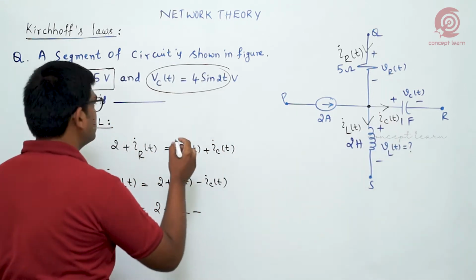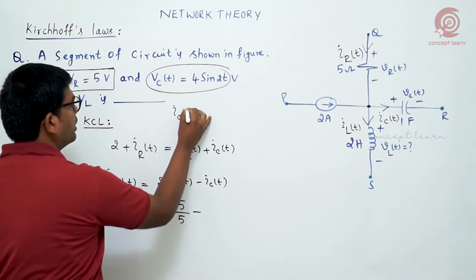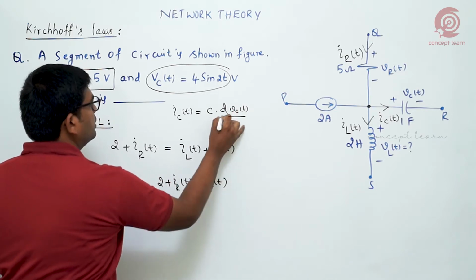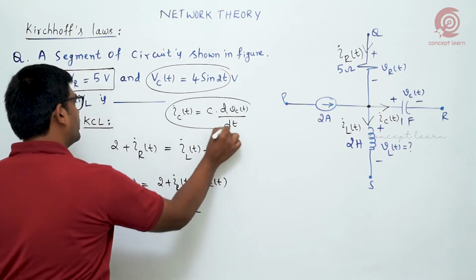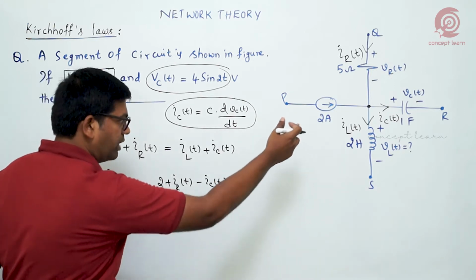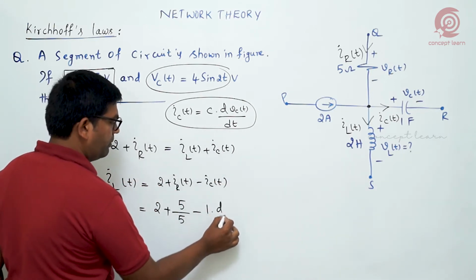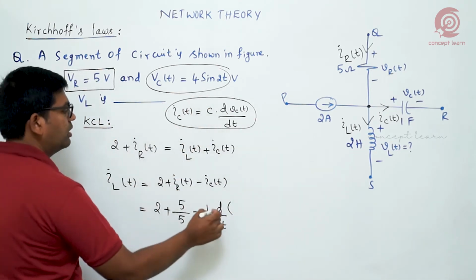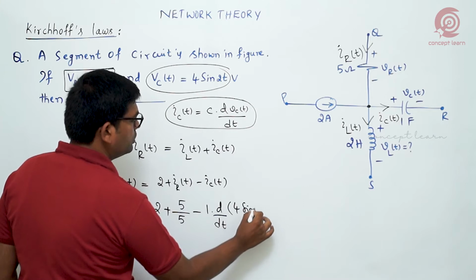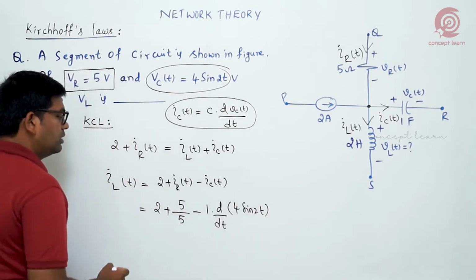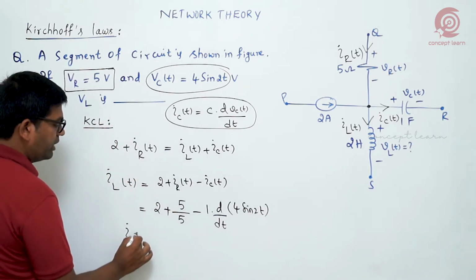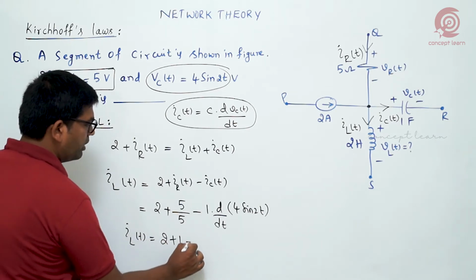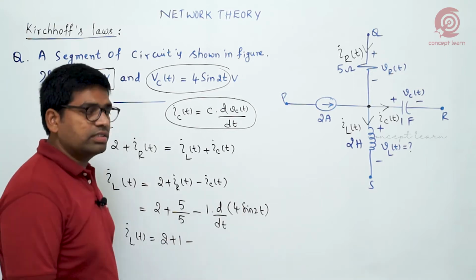We have this expression: the capacitor current IC of t is equal to C into dVc of t by dt. Use this expression to find the capacitor current. The capacitance value is 1. d by dt of the capacitor voltage, 4 sin 2t. Now simplify this. We can have inductor current 2 plus 1, 5 by 5 means 1 we will get, minus what is the differentiation of sine?